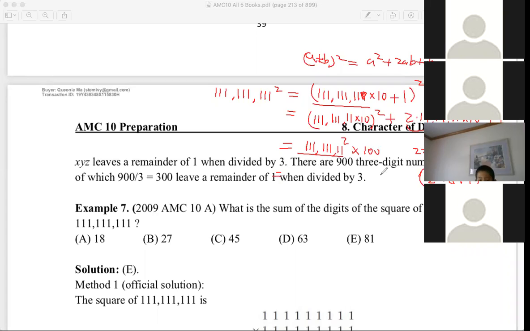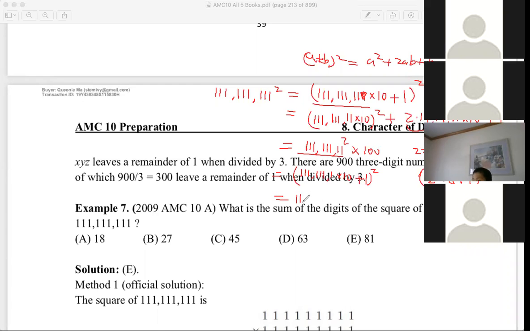For this one, we do the same thing. We can write this one as 1, 1, 1, 1, 1, 1, and 1, then times 10, then plus 1. So we calculate this one square, we do the same thing.